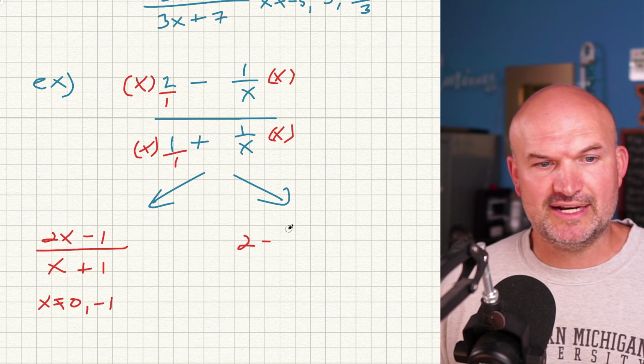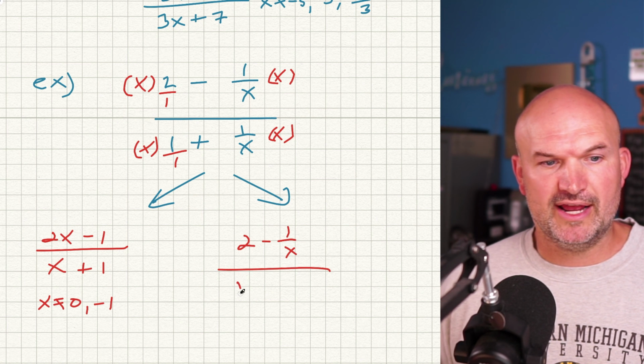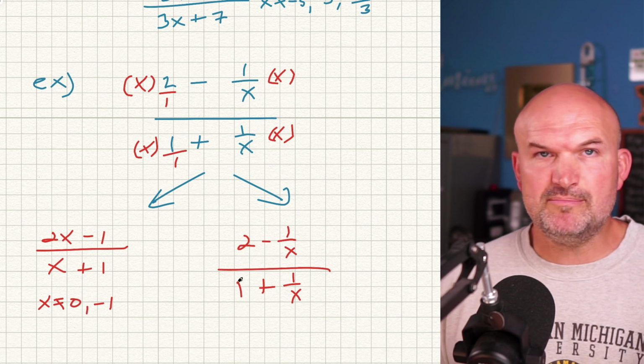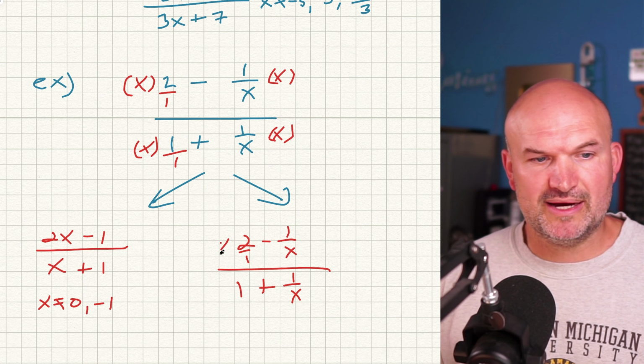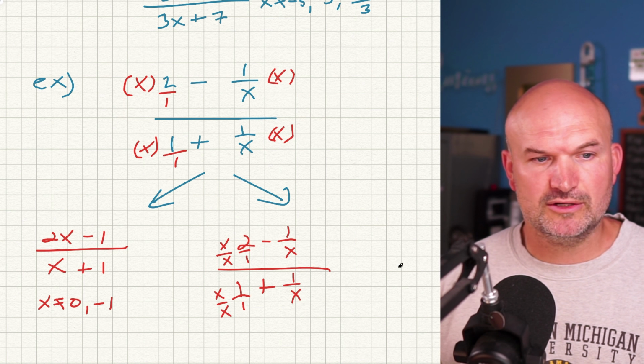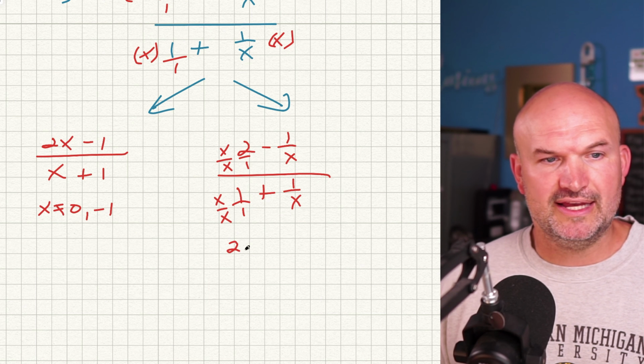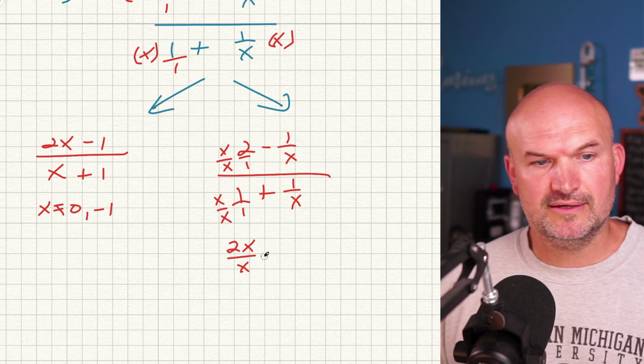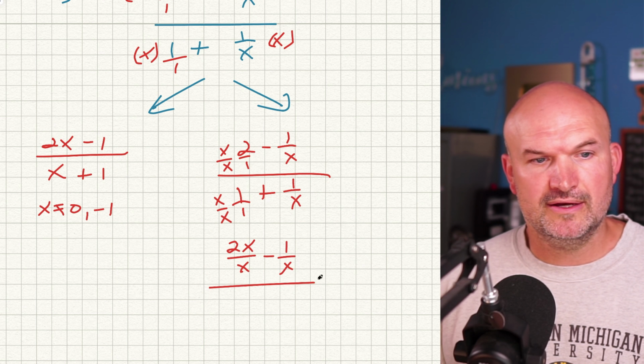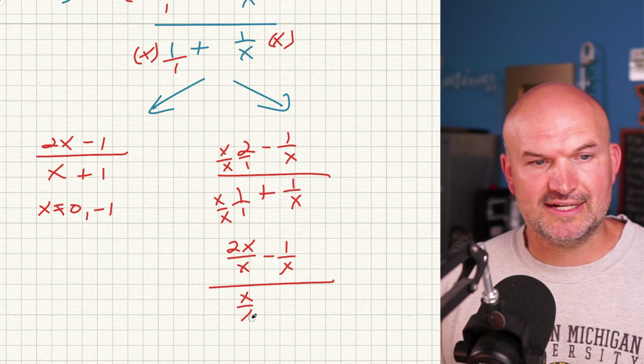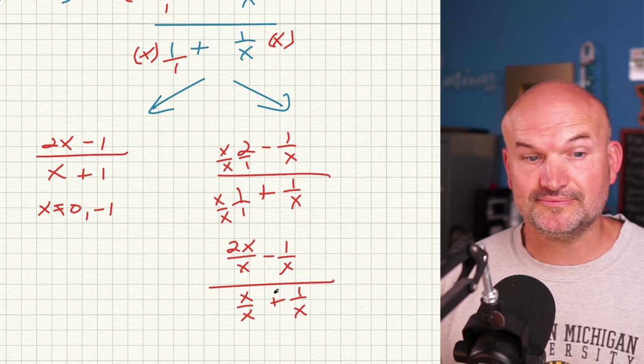So if I have 2 minus 1 over x, all over 1 plus 1 over x, just combine the fractions. I can multiply this by x over x, and I can multiply this by x over x. So that's going to produce 2x over x minus 1 over x, and then over here, x over x plus 1 over x.